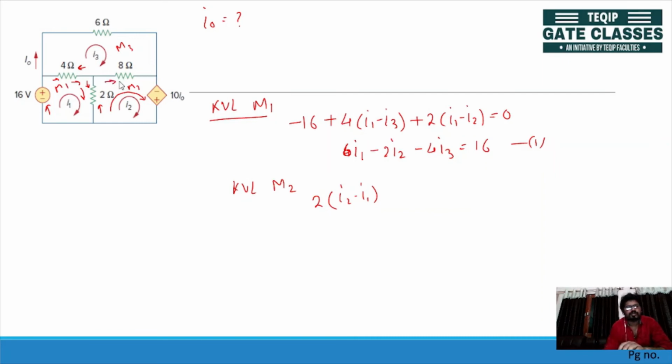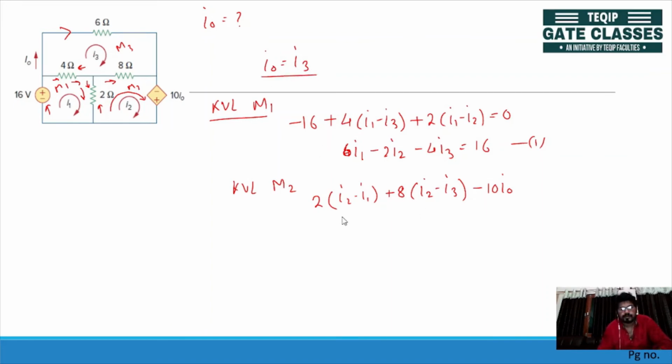This I2 is supporting, I3 is opposite, so we'll write 8 times (I2 minus I3), minus 10 I0. But we know that I0 is the current in this branch and that is the mesh current I3 only. I3 is flowing in 6 ohm, so we can write here also I0 is equal to I3 only.